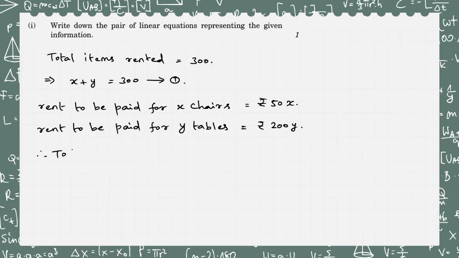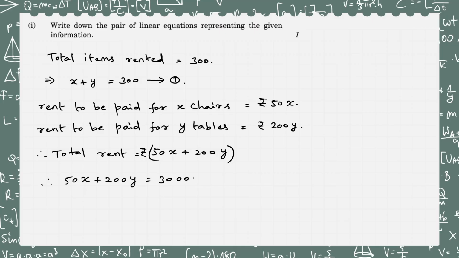Therefore, total rent equal to 50X plus 200Y rupees. This should be equal to 30,000, right? That gives us the idea for the second equation. 50X plus 200Y equal to 30,000.